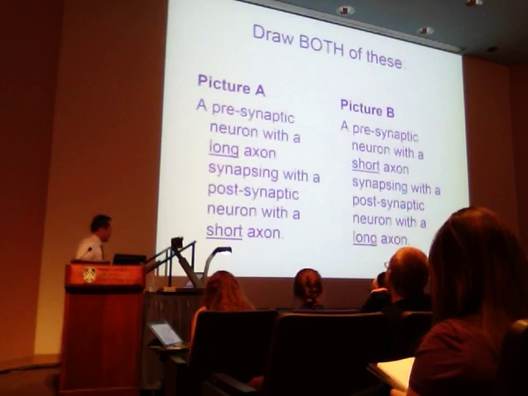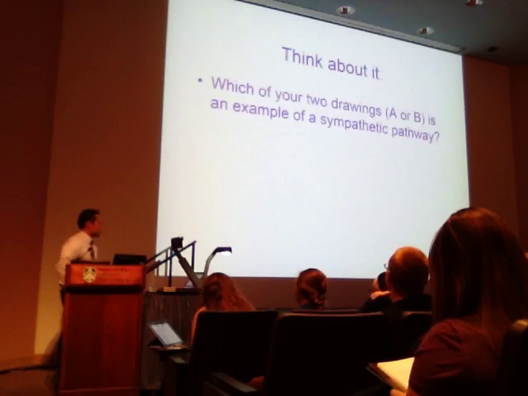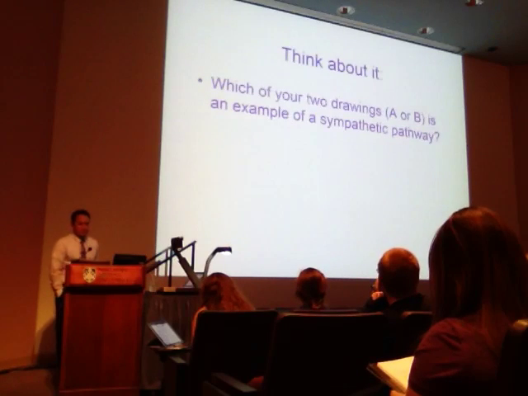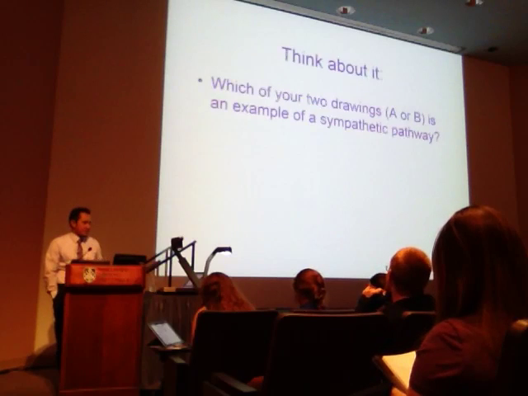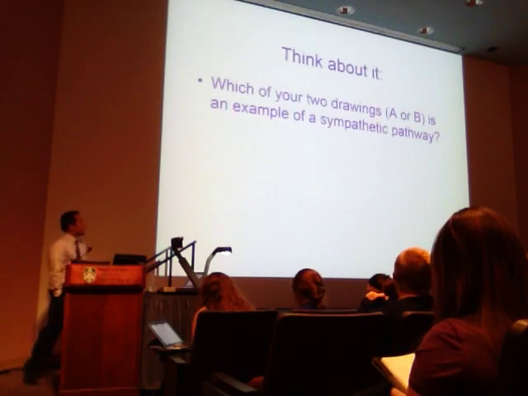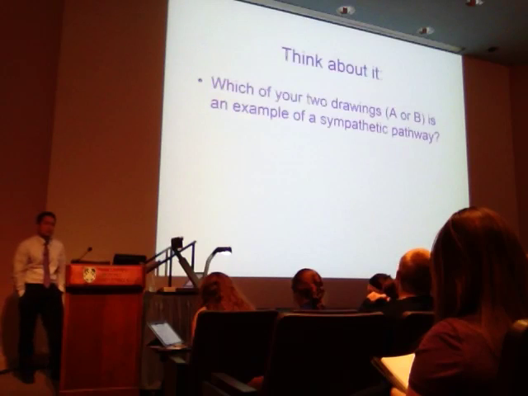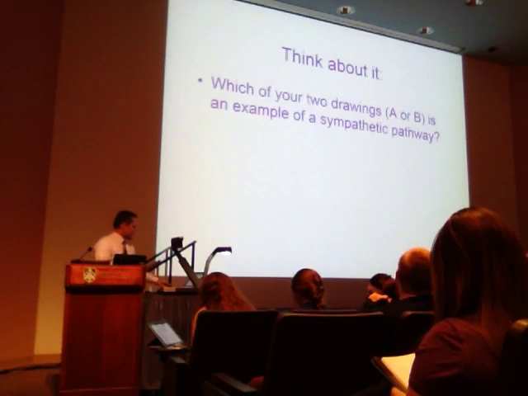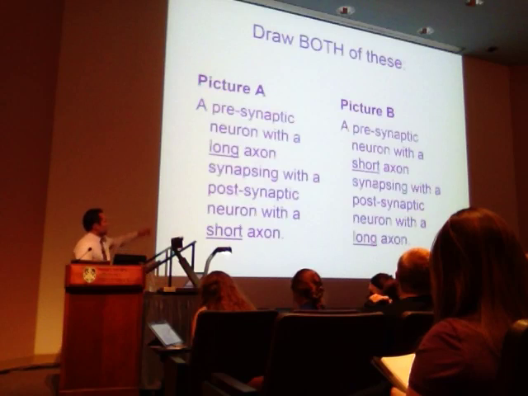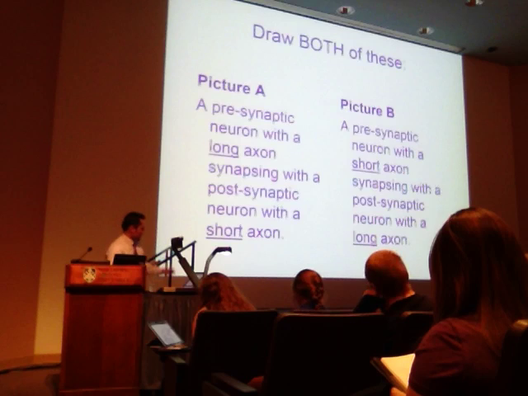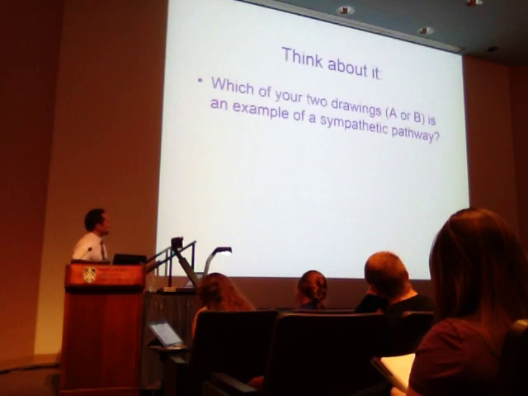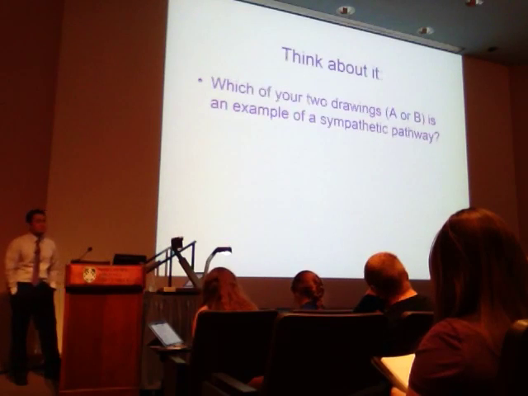Now I want you to think about answering this question. Is pathway A or B an example of a sympathetic pathway? Which one was B again? Which one was A? A was long-short and B is short-long. So which one is sympathetic?